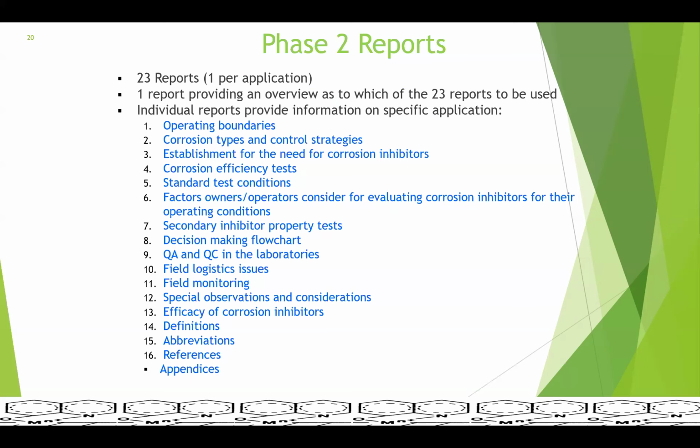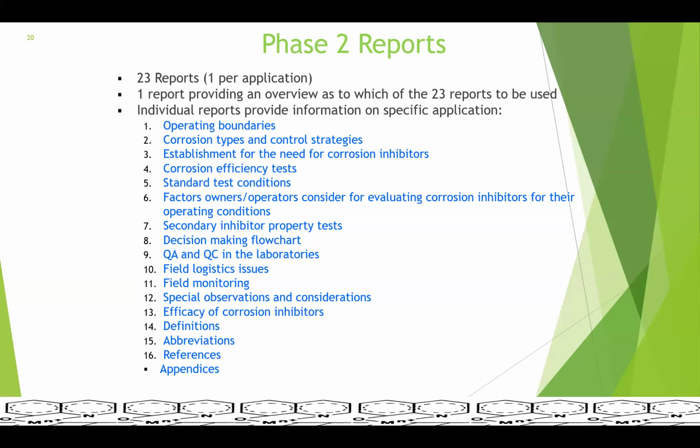First, we establish the boundary. We talk about what the corrosion types are, what the corrosion control strategies are, which may include corrosion inhibitors, biocides, scale inhibitors, and so on. How in that application the need for a corrosion inhibitor is established. What are the efficiency tests that are being done to evaluate the corrosion inhibitor?